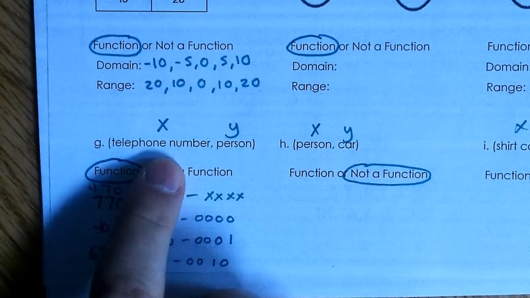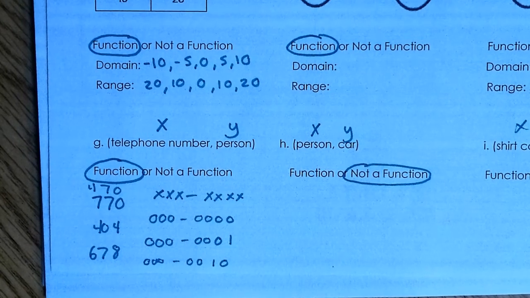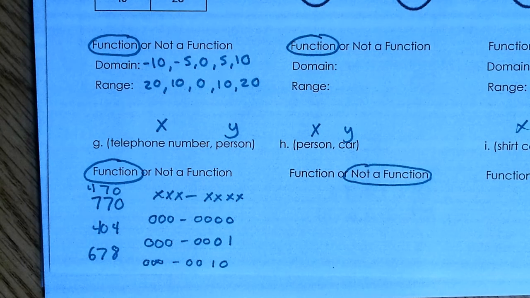But, Marquette, if you look back at this, like telephone number, right? Like my telephone number, no one else in the world has my telephone number, right? Oh, that number?